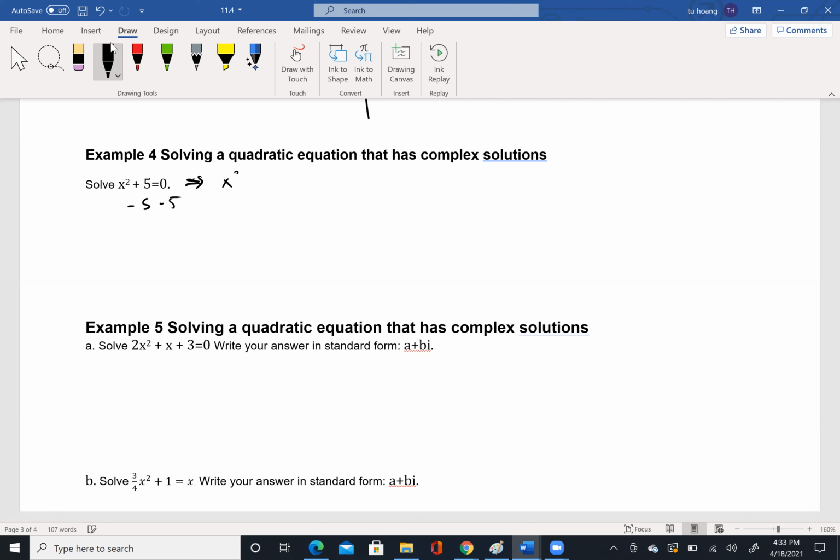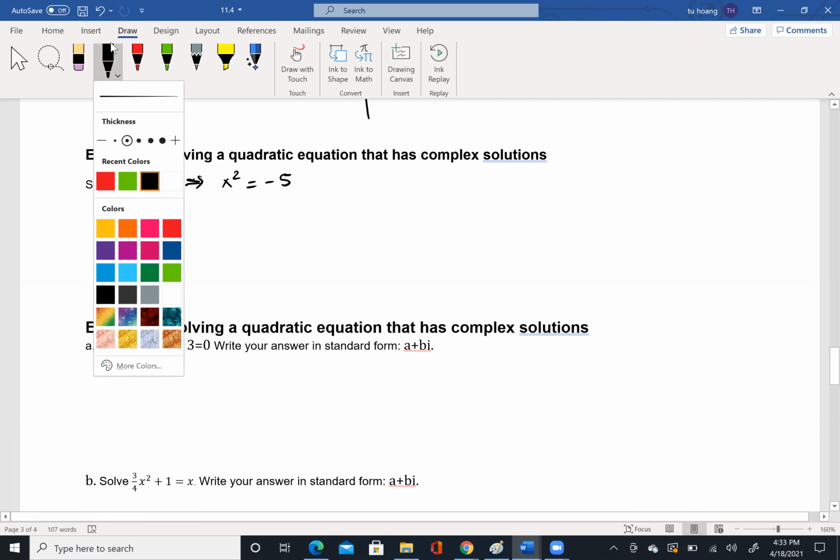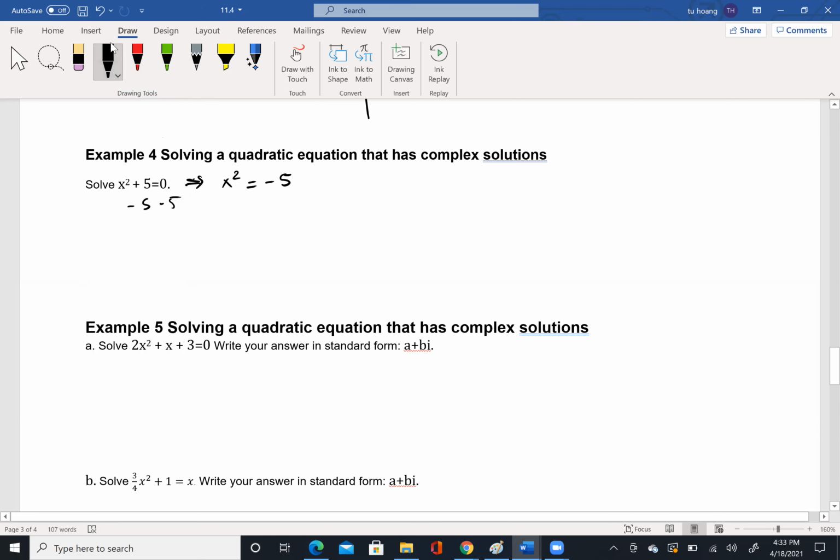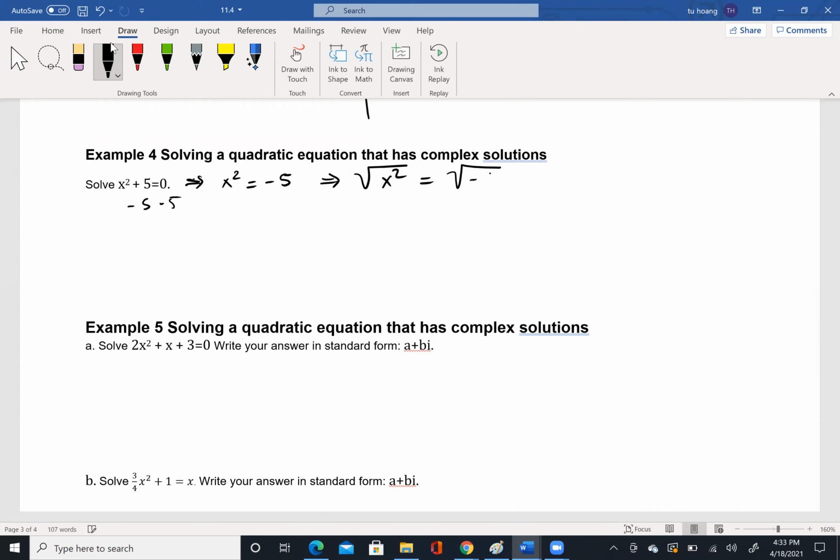I have x squared equal to -5, right? You see that? Now I can square root both sides, so I have the square root of x squared equal to the square root of -5, right?